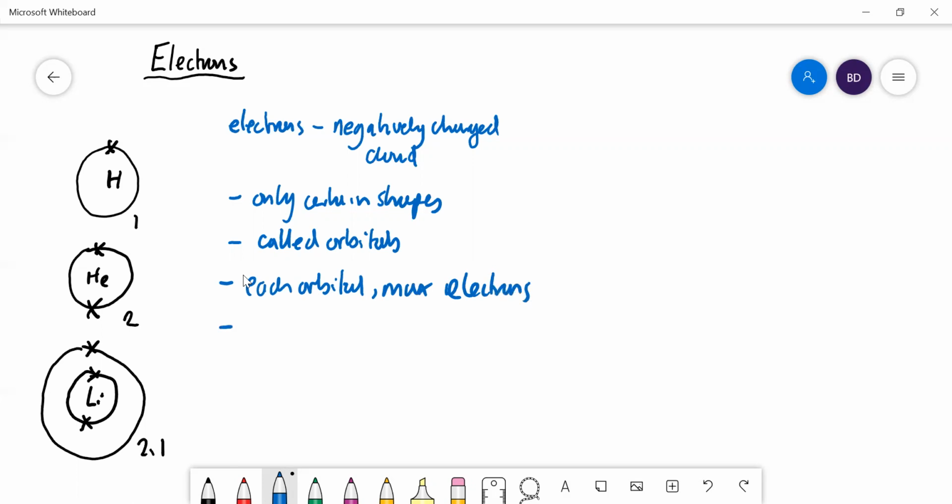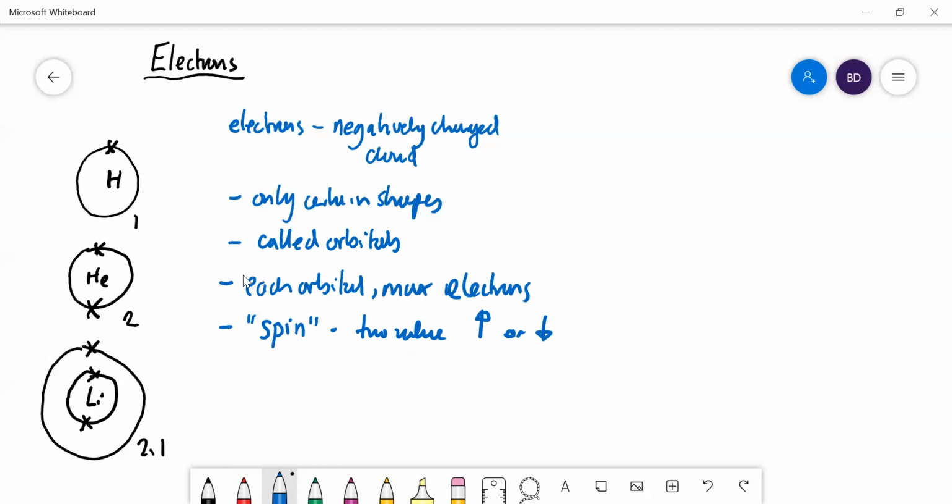The next thing we need to think about is this very peculiar property of electrons called spin. It's analogous to them spinning around, but it doesn't mean that they're actually spinning around. It's a mysterious quantum mechanical property, and it can have 2 values: it can be up, or it can be down.